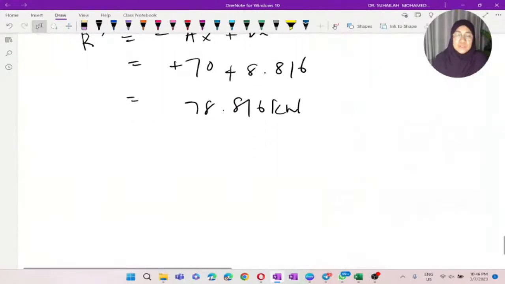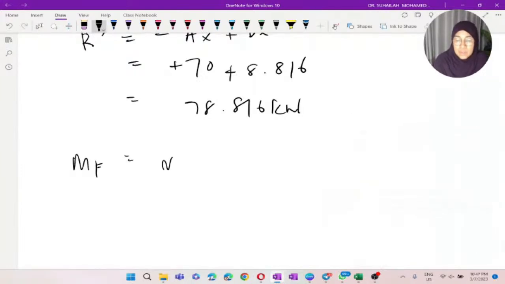So for the correction factor, the final end moment is M final equal to M naught plus R divided by R prime times M prime.